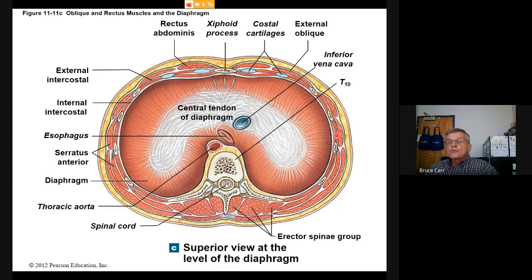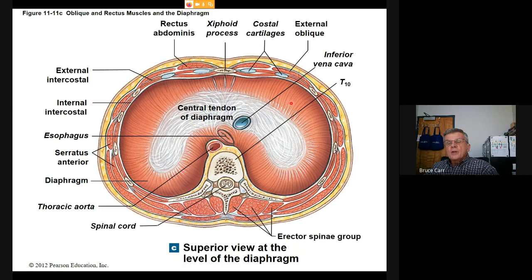So we have muscles that basically rotate the ribs up and out, and muscles that pull the ribs actively back down, expressing that air out, getting rid of it so we can take our next breath. So for quiet breathing, this diaphragm is just fine.